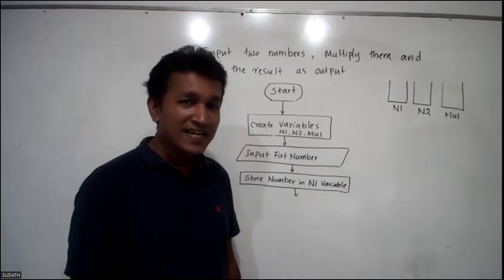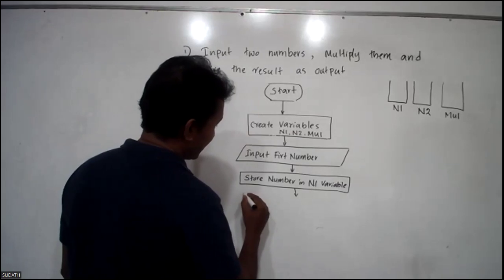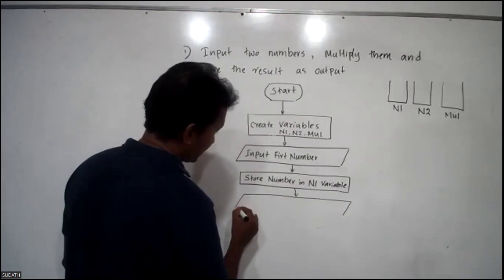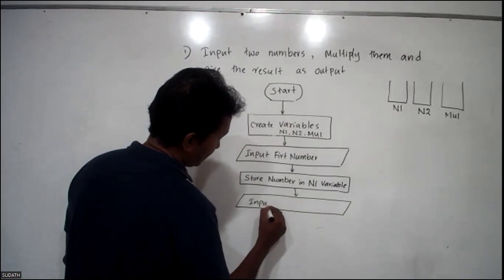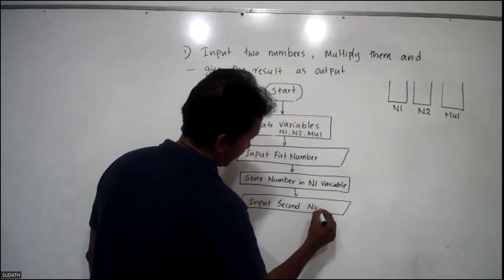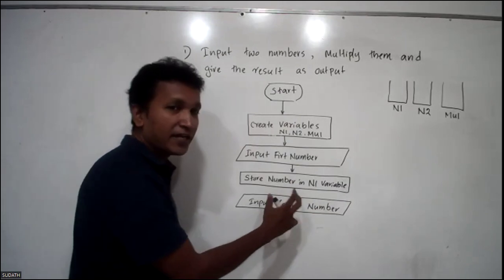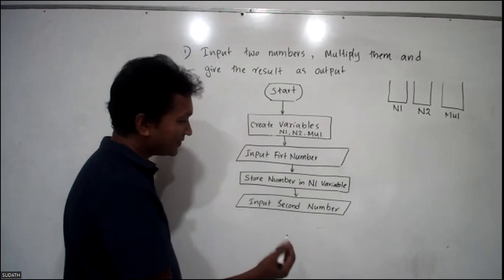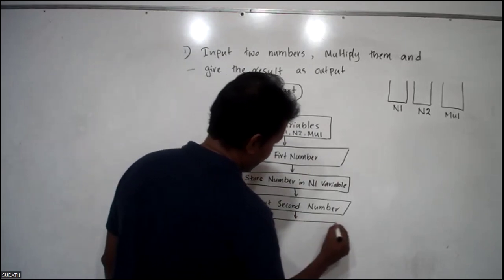Then what should we do? We should get the second number as input. That is an input. Input second number. Then again we store that second number into the variable. That is a process.